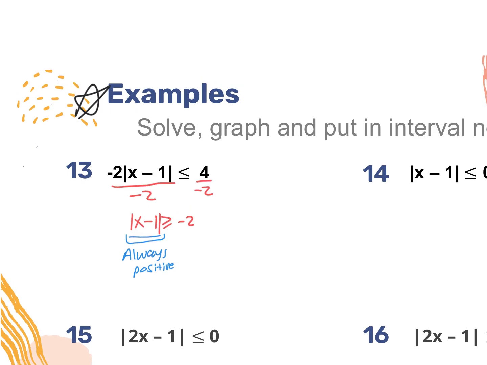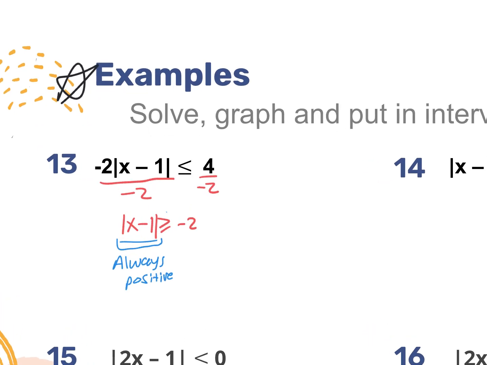So just look at the statement that you have. If this is bigger than or equal to -2, when is that true? Well, this is always true. If it's always positive and a positive is bigger than a negative, then this is always true.